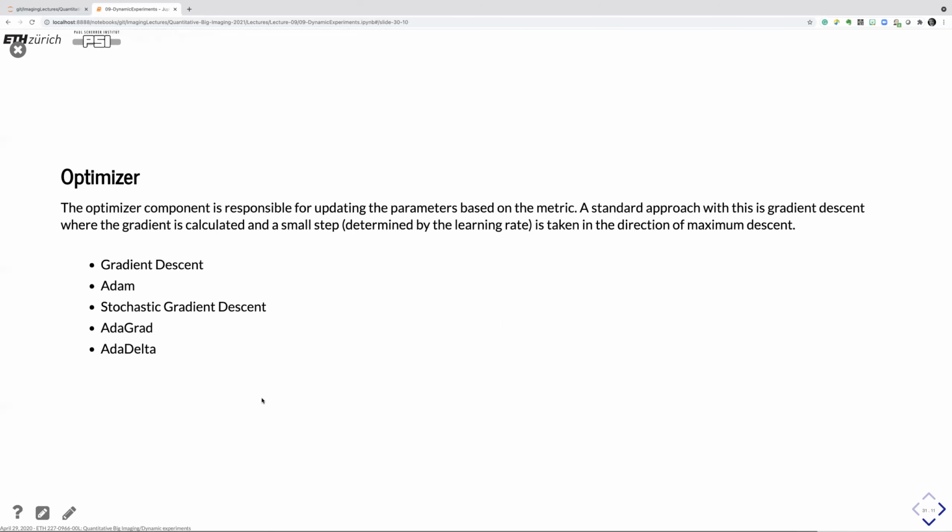The optimizer, many algorithms available. Very popular to start with is the gradient descent. One that has been developed in a machine learning context is called Adam, which is much more efficient than the gradient descent. It's used in many training of neural networks. Also, the stochastic gradient is the same.